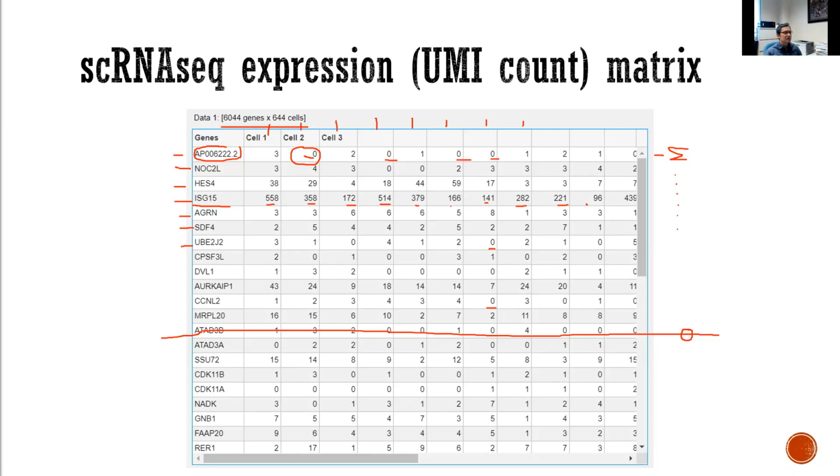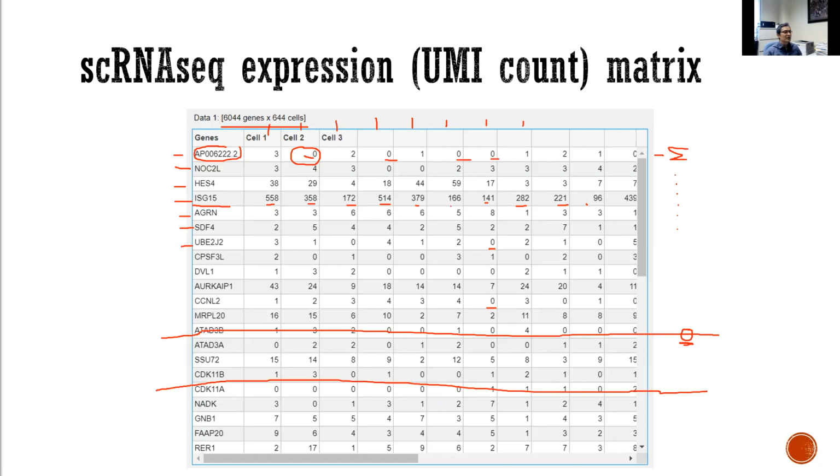Some genes may not have an absolute 0 sum of expression, but if the expression level is too low, you may also want to get rid of them. So that's a very basic filtering, to get rid of genes with no or extremely low expression levels.